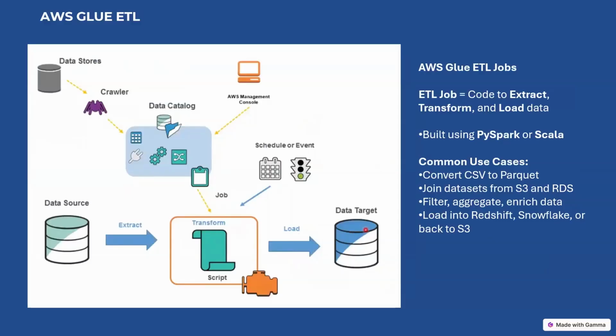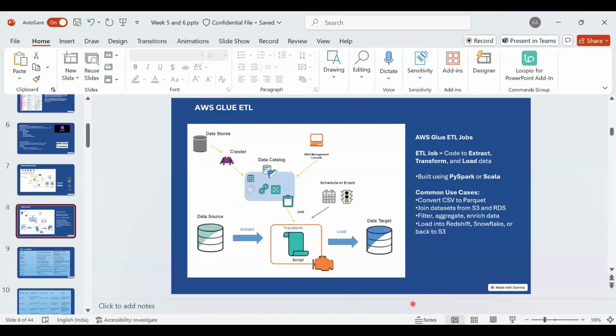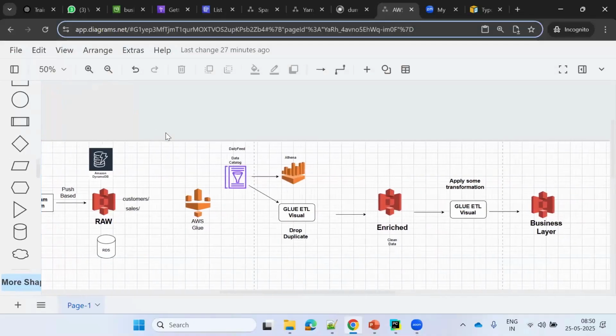So what we did yesterday, let me go to it, we created one end-to-end solution yesterday. In the real world, of course, you will have a more complex solution, but since we are learning, I just try to keep things simple.